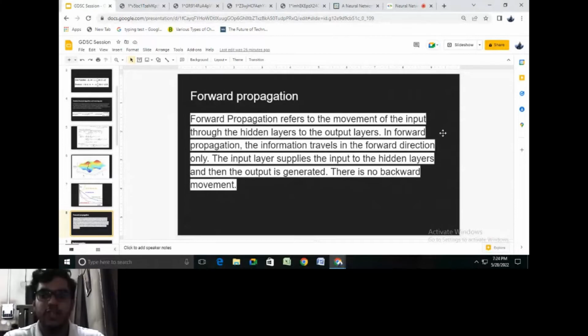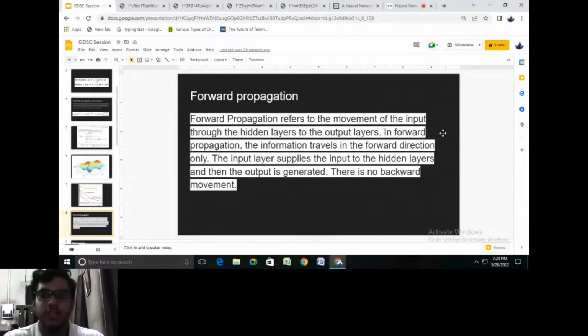Now we come to backward propagation. This is a very important process which needs a lot of attention. Back propagation is mainly where the learning in deep learning or in machine learning takes place. So, what is back propagation?